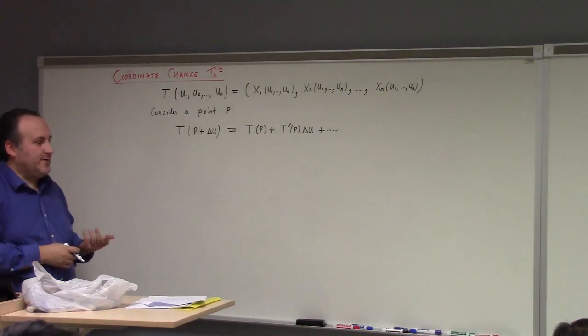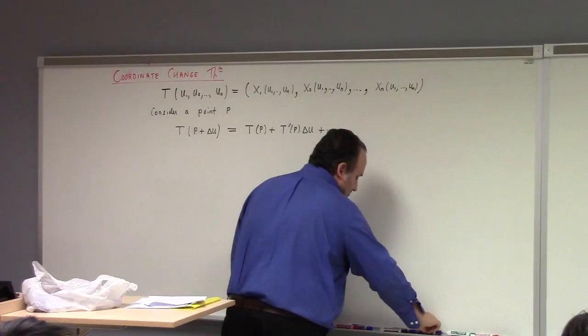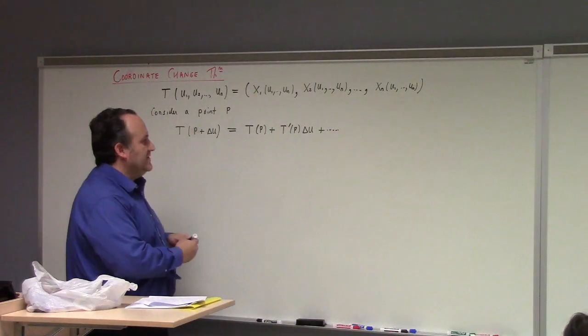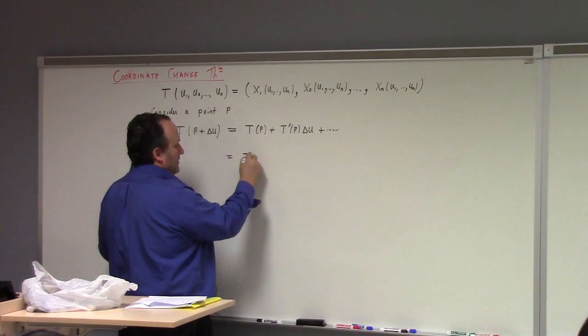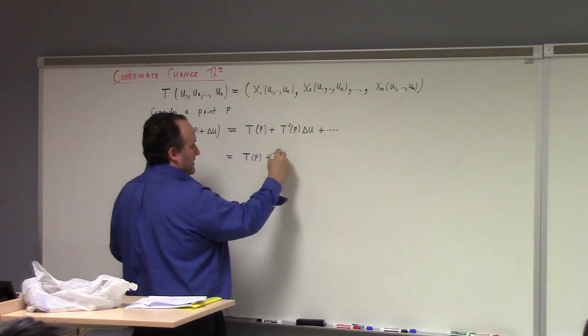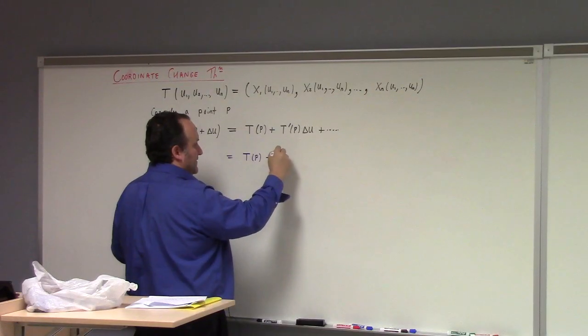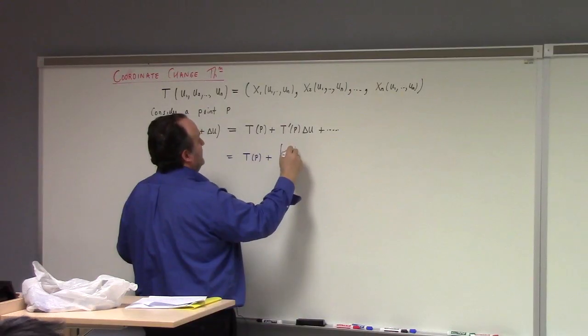But what I mean by T prime here is a little bit slippery. I'm actually talking about the Jacobian matrix, you see. So what we're actually looking at here is wherever T maps P, and then this is actually the Jacobian matrix of T, which looks like, well, let's see here.